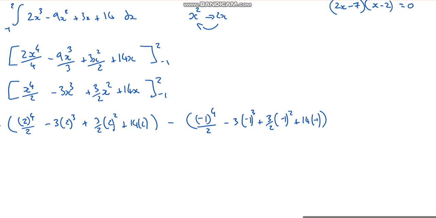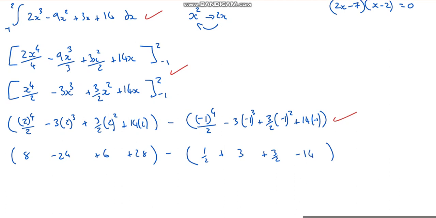This is us done all the heavy lifting now. Okay, so we just need to start solving this. Yeah, I just checked the marking scheme now. So there's a mark for this, there's a mark for this, and a mark for this. So right away, without doing all your horrible work, you get 3 out of 4, so that's pretty good. But anyway, this is going to come out as 8, take away 24, plus 6 plus 28, and you're going to take away half, plus 3, plus 3 halves, take away 14.